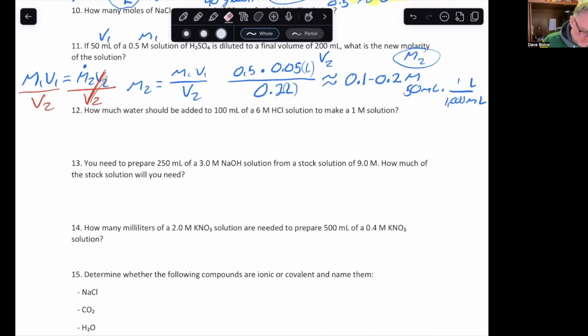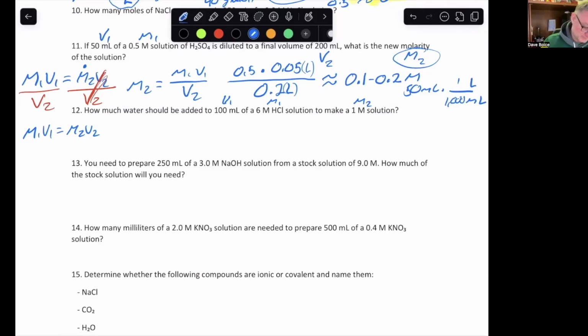How much water should be added to 100 milliliters of 6 molar hydrochloric acid to make a 1 molar solution? So that's good. We don't want it to be that strong, so let's cut it down just a bit. M1V1 equals M2V2. And again, I want to write this out correctly. So this is going to be my V1 and my M1 and this is going to be my M2, and therefore what I want is my V2.